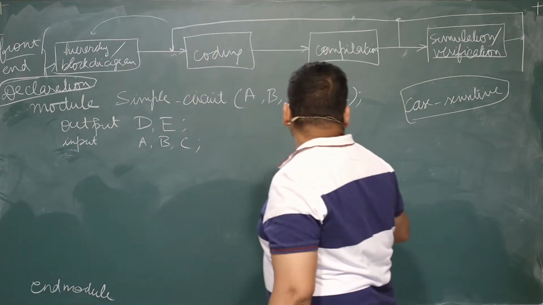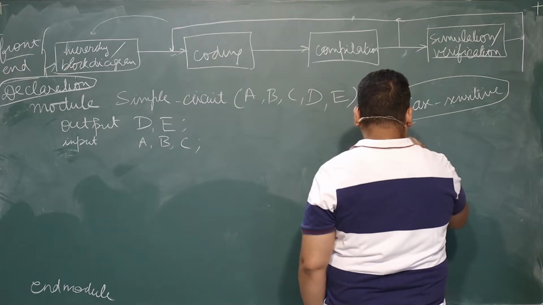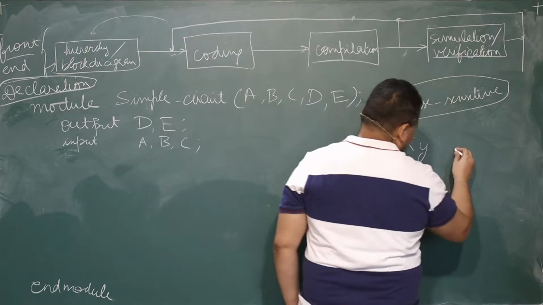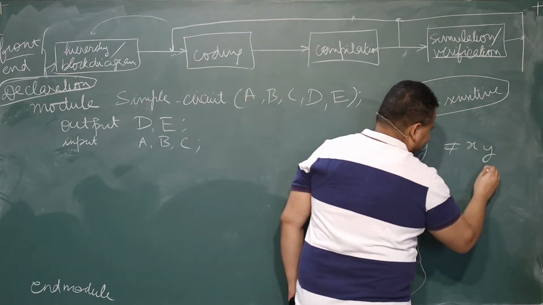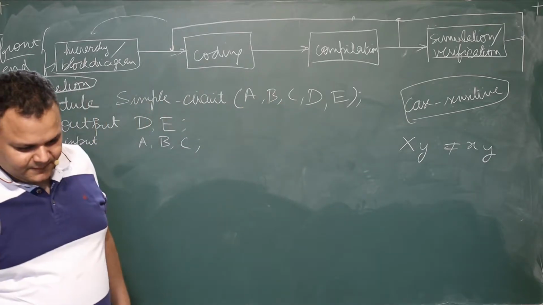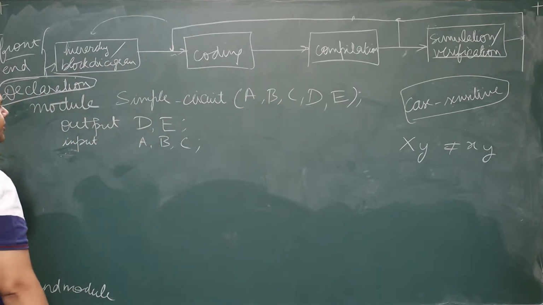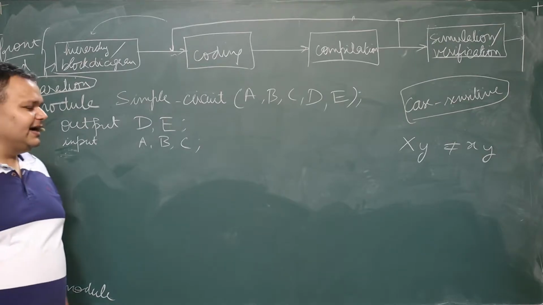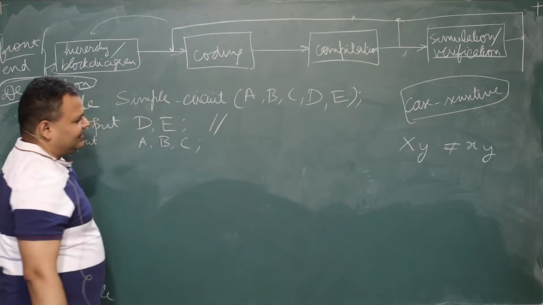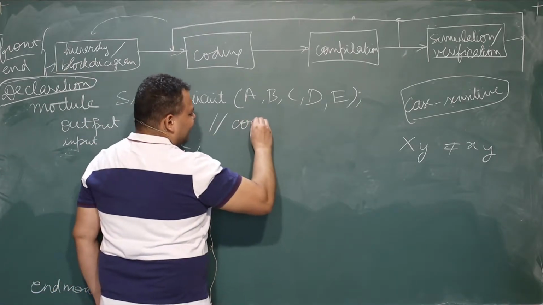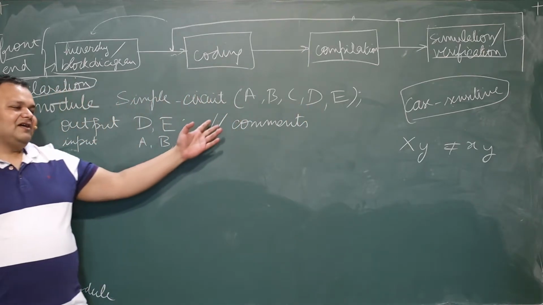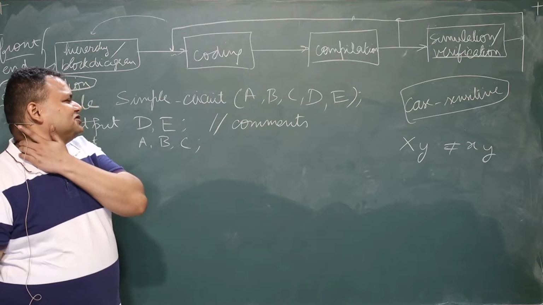So xy is not equal to XY; these are not the same. Another thing that I want to mention is comments. Like in any other language, you have different symbols for starting your comments.